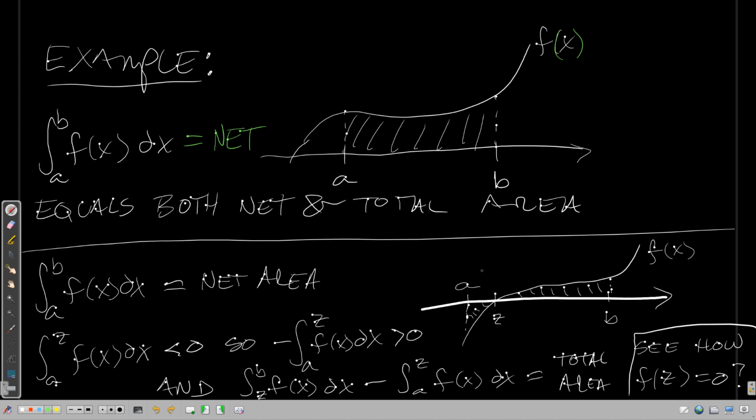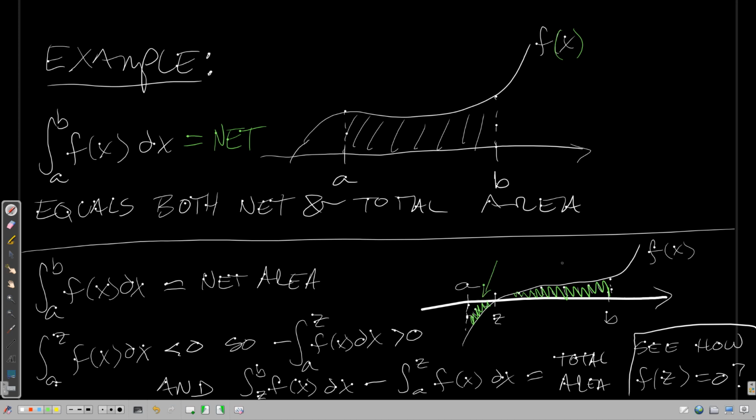Right? The integral from a to b would be this region minus this region. If I wanted the total area, I would have to break it up into two integrals. I'd have to break it up at z.